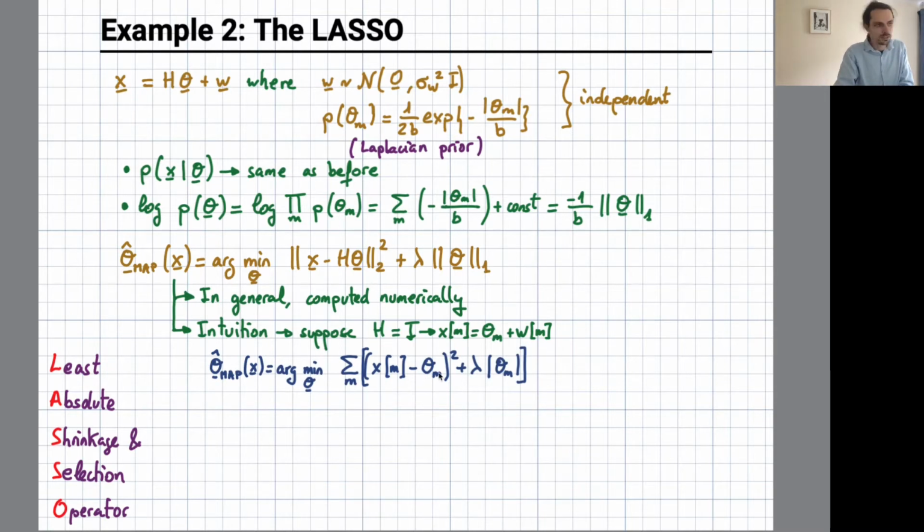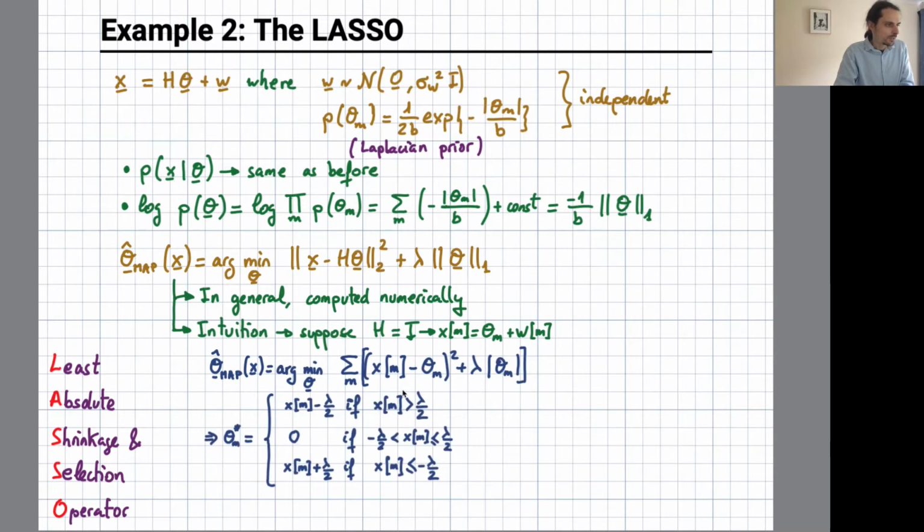So we can optimize each one with respect to the corresponding parameter, instead of doing a joint optimization for the entire objective function. And it can be shown that the solution is given by this theta m star.